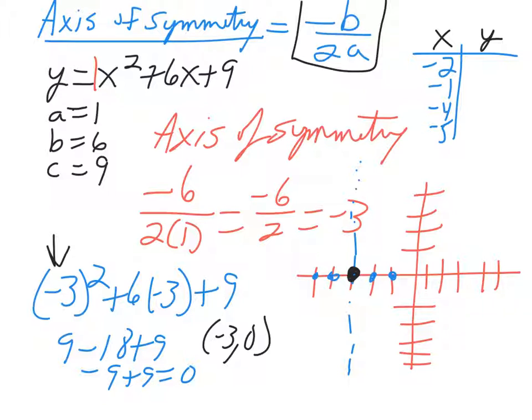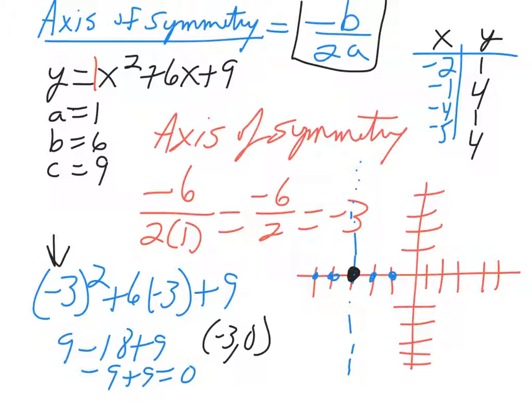So if I put negative 2 in for x in my original equation, I will get out 1 there. If I put negative 1 in there, then I'm going to get 4. If I put negative 4 in there, I get 1, and if I put negative 5 in there, I'm going to get a 4.